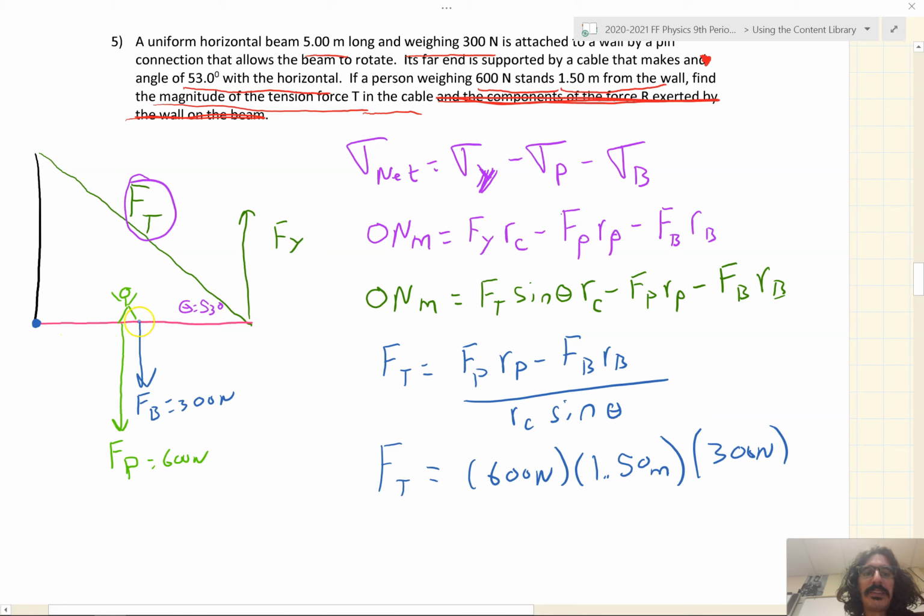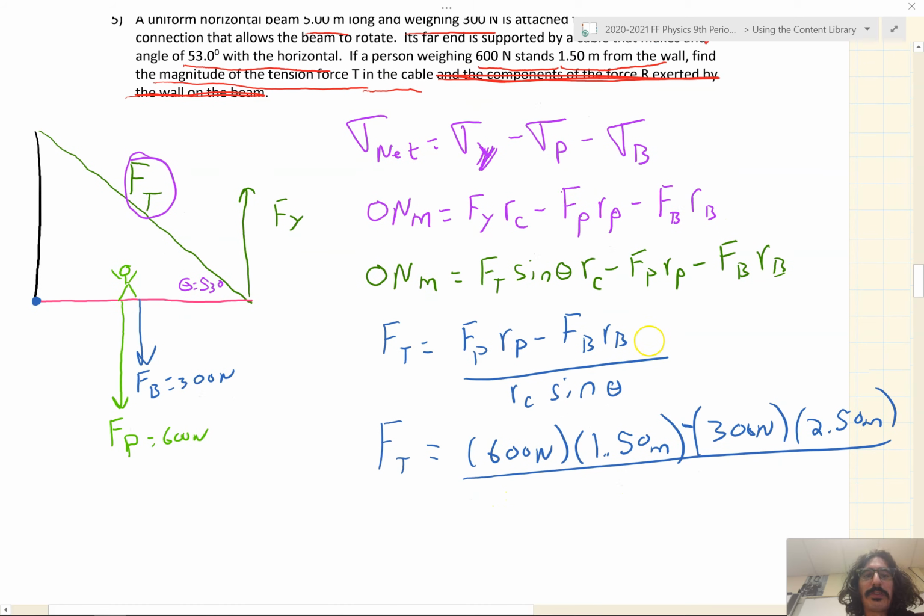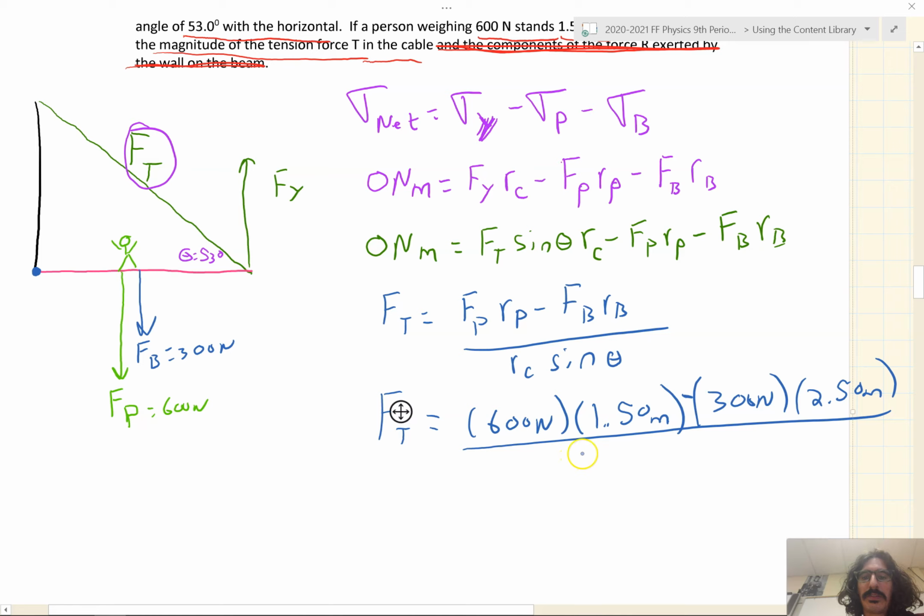And again, its distance is how far away the center of gravity of the beam is from the pivot point, which is at the midway point, because it's one uniform material. So that's going to be 2.50 meters. All over how far away the cable is from the wall, so that's 5 meters, times the sine of 53 degrees.